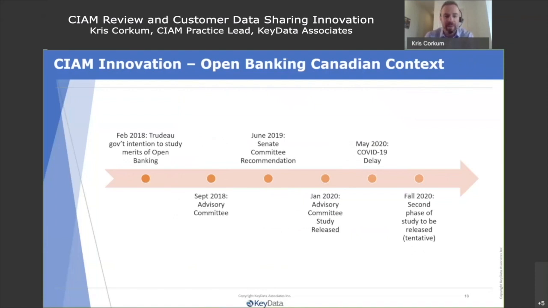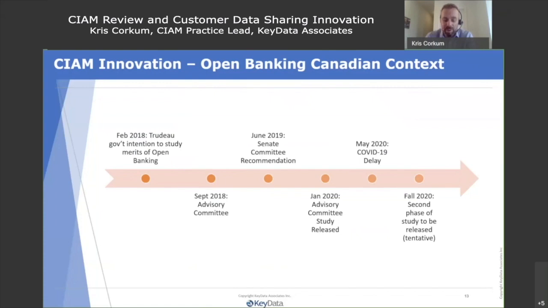if we look back, in February 2018, the Trudeau government announced their intention to study the merits of open banking in the February 2018 budget. In September 2018, the Finance Minister, Bill Morneau, launched an advisory committee to study the merits and risks of open banking.